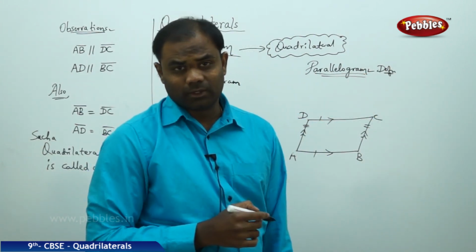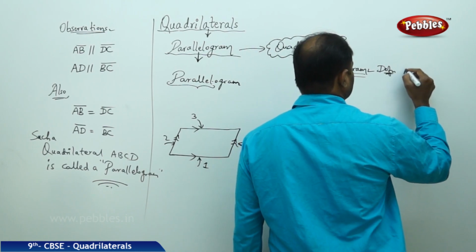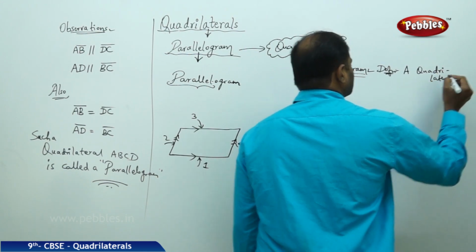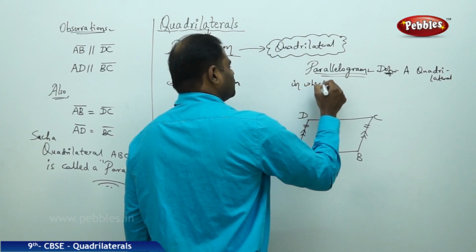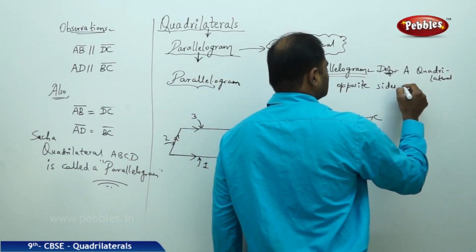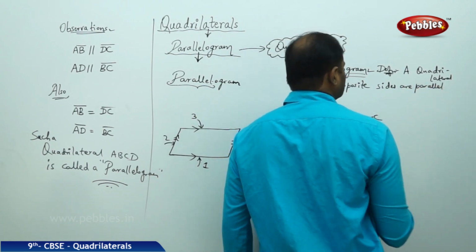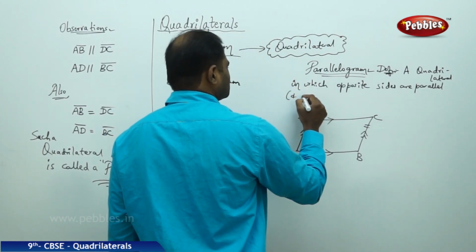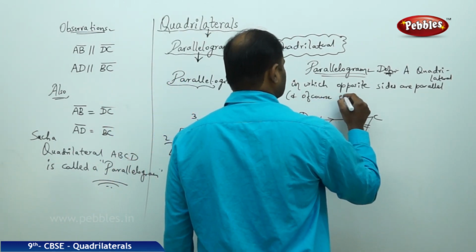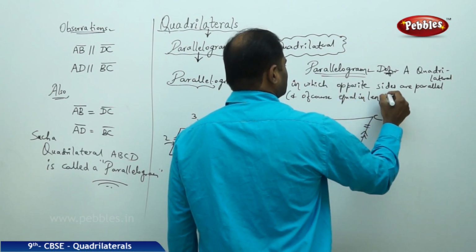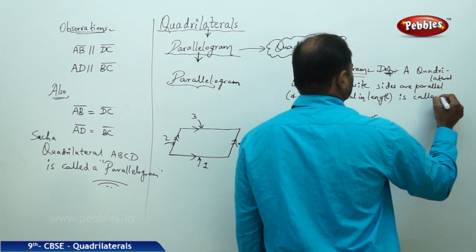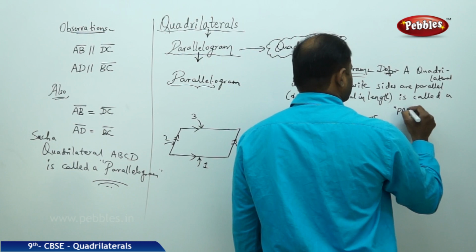Let's define parallelogram in words. A quadrilateral in which opposite sides are parallel, and of course when they are parallel they must be equal in length, is called a parallelogram.